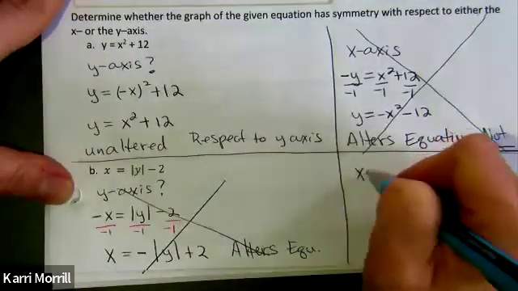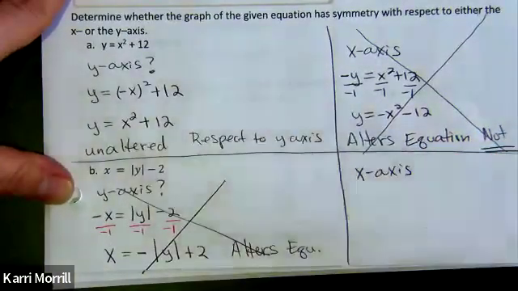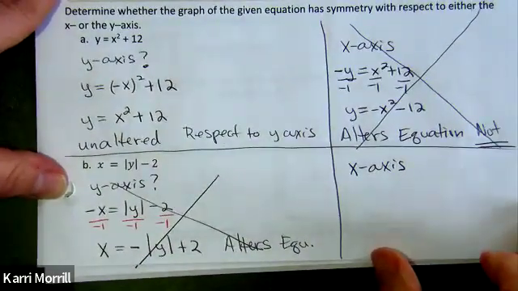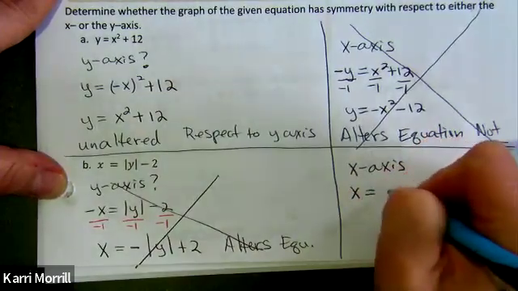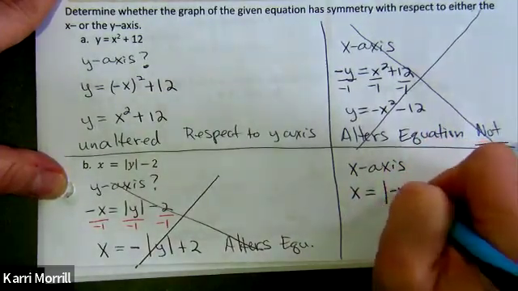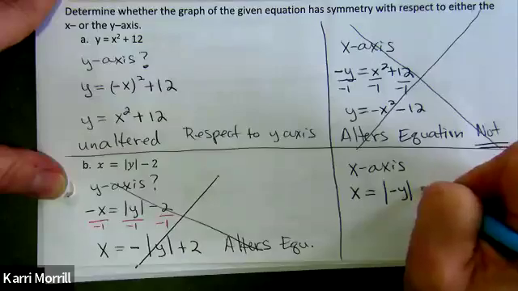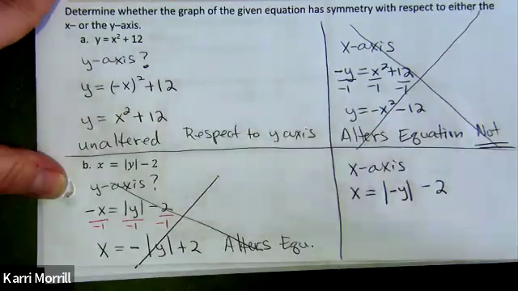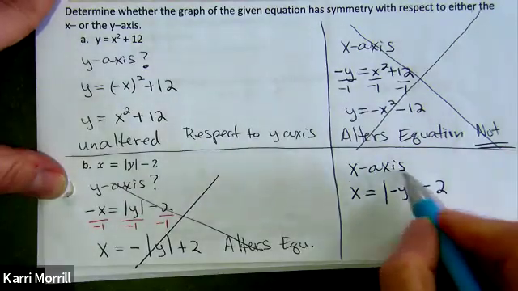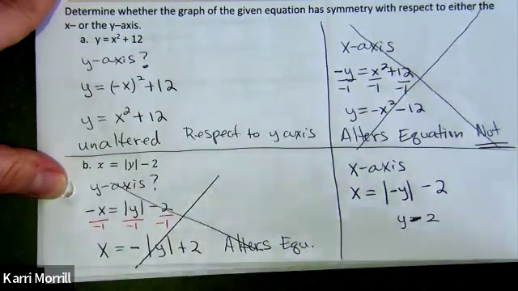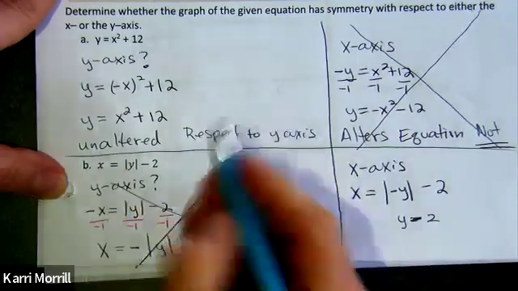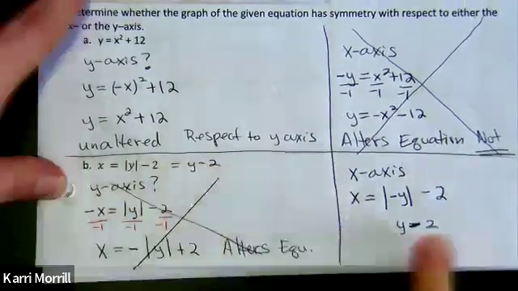So let's go see if it is in respect to the x-axis, and that's where the x stays the same, but the y changes, and the y is inside that absolute value bracket. So I just want to remind you, if I were to simplify this, the absolute value of y is y, right? And same as this, the absolute value of y is y.